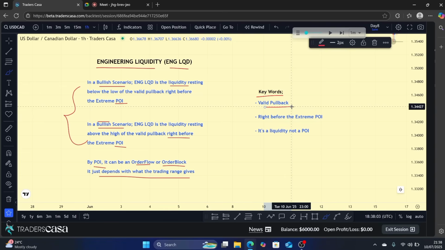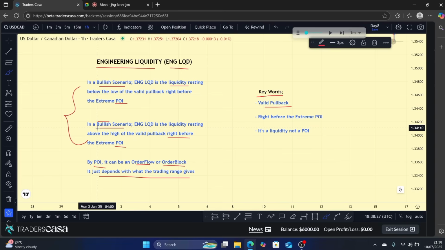Without that, it will be very hard for you to mark things correctly going forward in the SMC journey. So it needs to be a valid pullback, then the high or the low, the liquidity resting there, is what we call the engineering liquidity, as long as it's right before the extreme POI. It also depends on whether it's a bullish or bearish scenario.